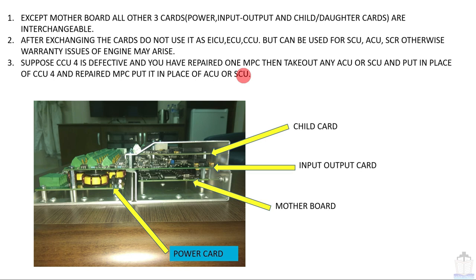They can run with the repaired one, no problem, but since these CCUs are very important because they take part in the combustion process, if it is a repaired one or some alteration is done, then obviously warranty part will be compromised. Okay, now next, this repair can be exercised only in case of emergency, as I have already told.